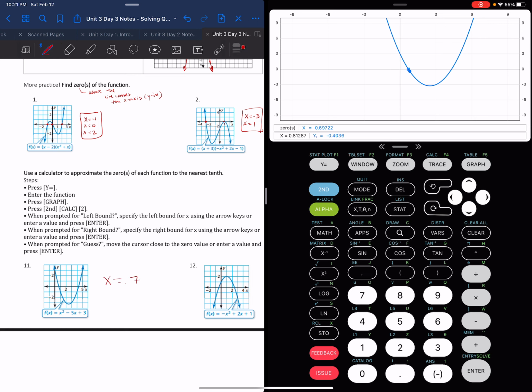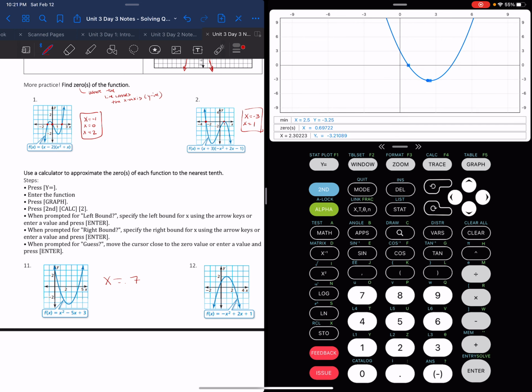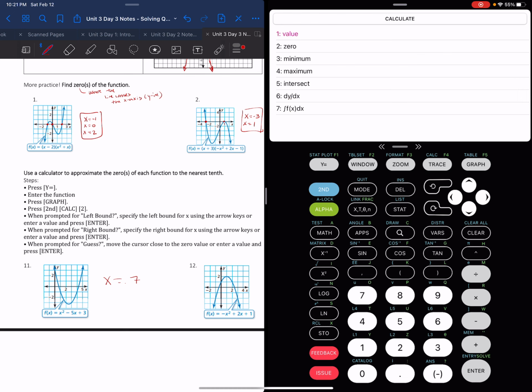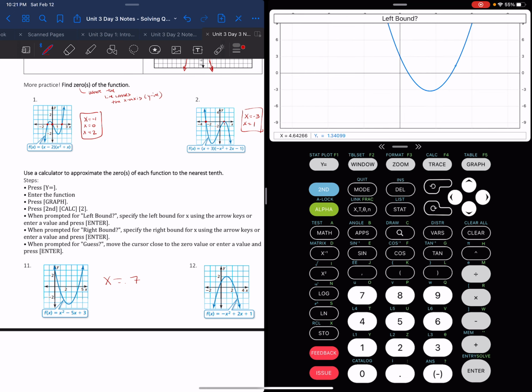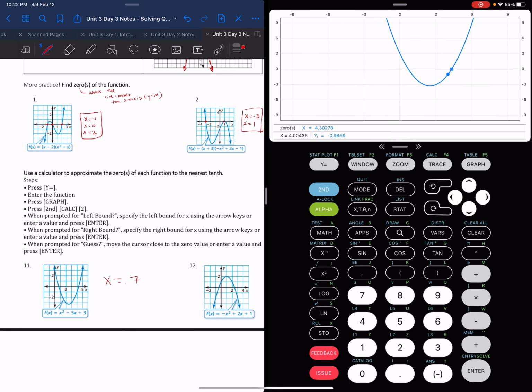And then you're going to do it again. We need to figure out this other point on the x-axis. So we go second trace, press zero, and then here's our left bound, and then you go to the right bound, and it's at x is equal to 4.3.